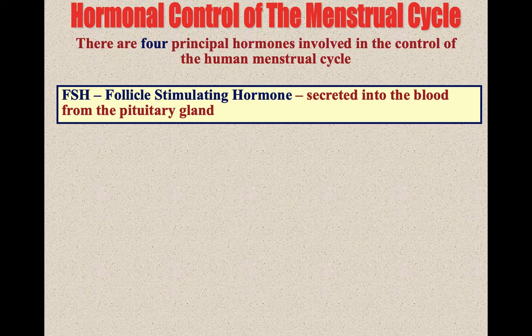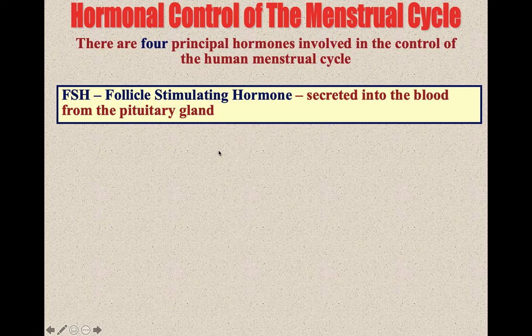And the message FSH gives follicles is to start developing, right? Hence follicle stimulating hormone. So basically, it's going to tell primary follicles to start turning into secondary follicles and further into a Graafian follicle, at least for one of them, right? So that's what it does.